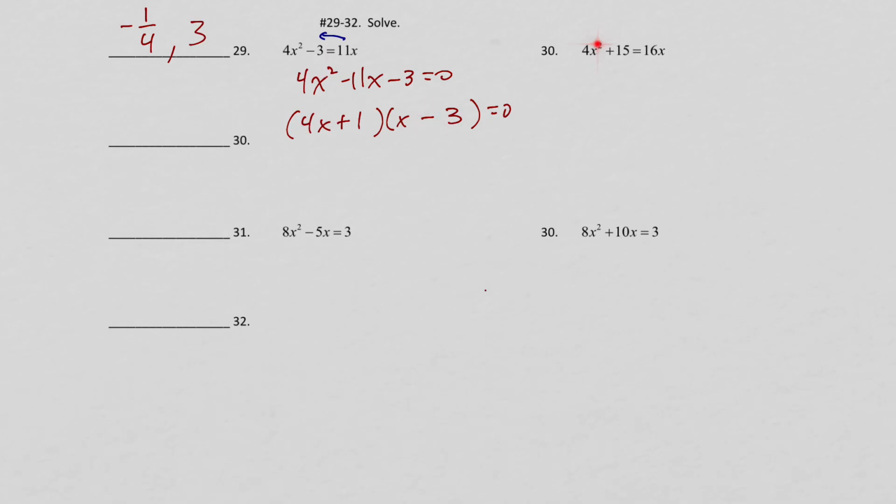So here we have a quadratic equation, so I need to set it equal to 0, so I've got to move my 16 over. Again, I'm going to try 4 and 1. And that's not going to do it. 5 and 3, nope, that's not going to do it. I can tell that 4 and 1 is not going to work.